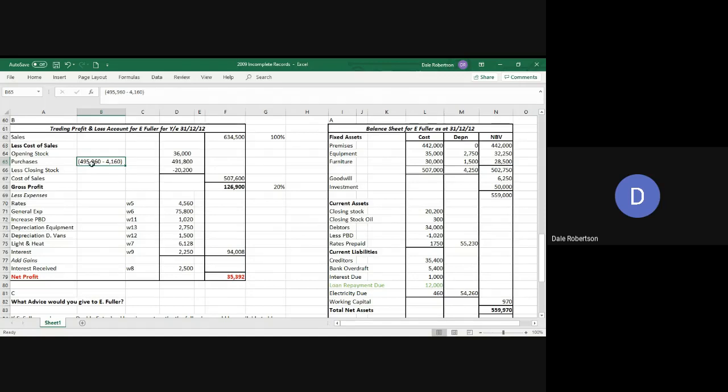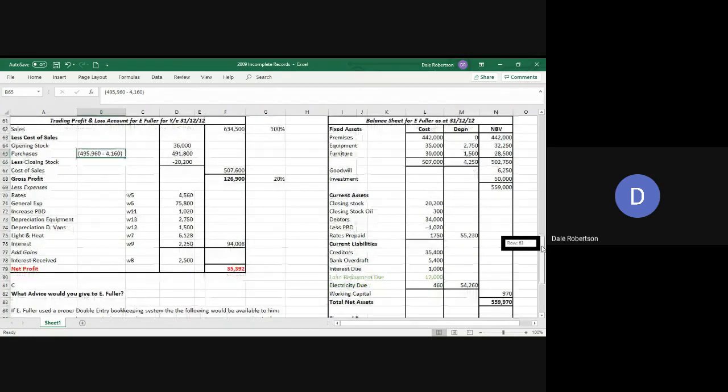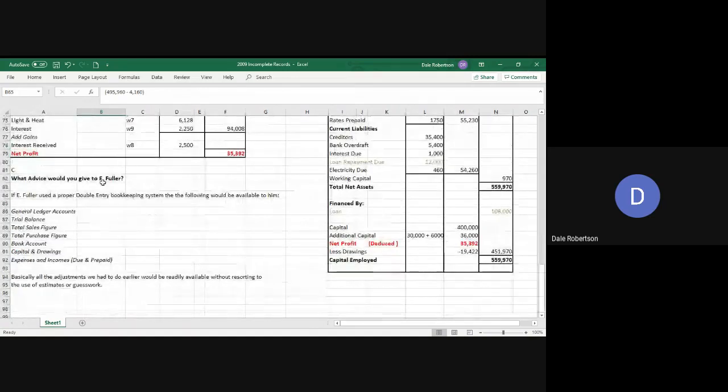So how do we get that 495,960? Again, we are reversing the function. We're adding the drawings to this to see what it was beforehand. There's a little bit of theory here, but this theory is the same as what advice would you give to Mr. Fuller? Well, you would say, please use a proper double entry bookkeeping system.